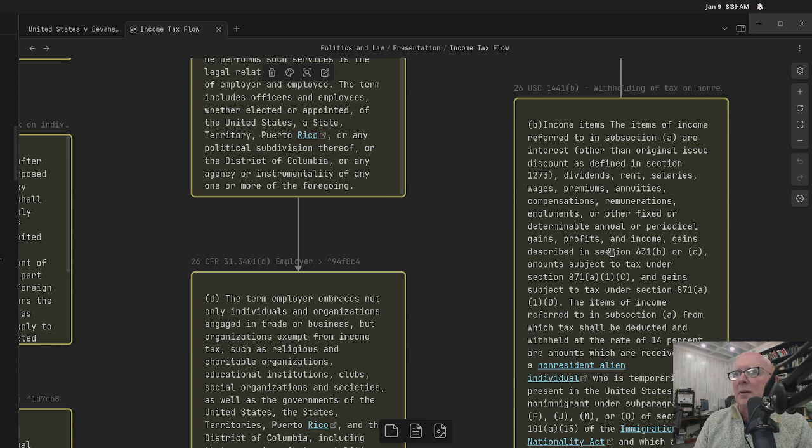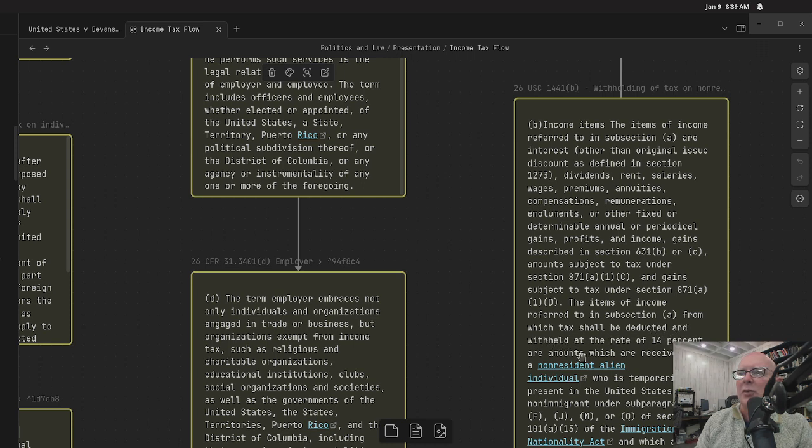And it says amounts subject to tax under section 871. 871 is the section on whether it came from within the United States, and gains subject to tax under 871A 1D.